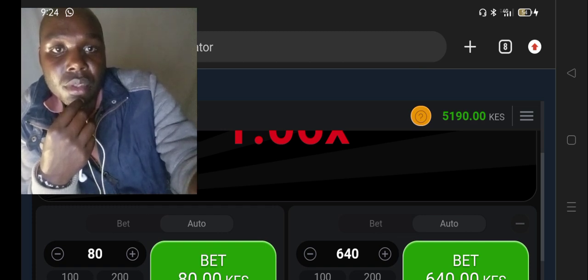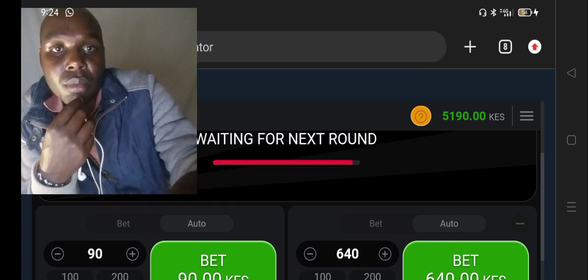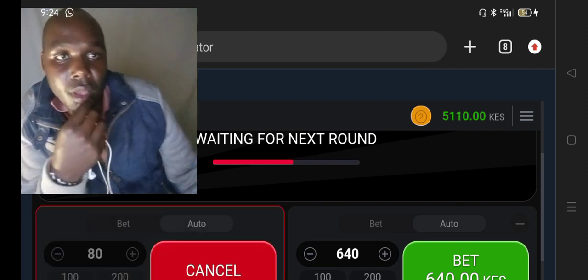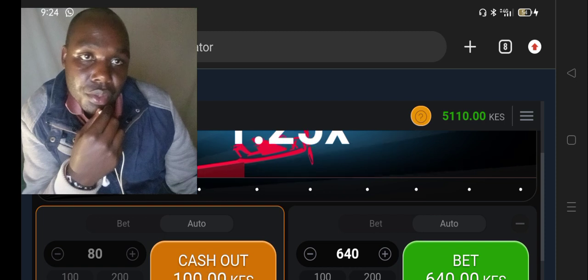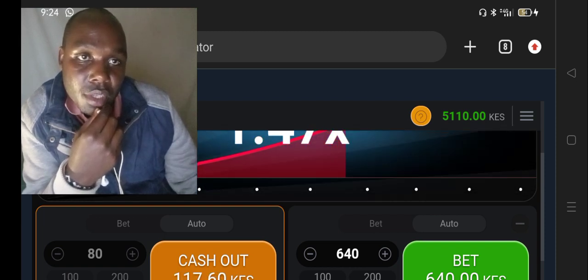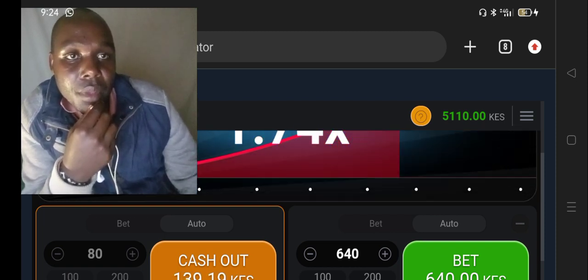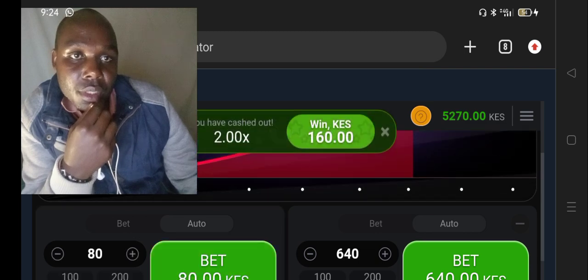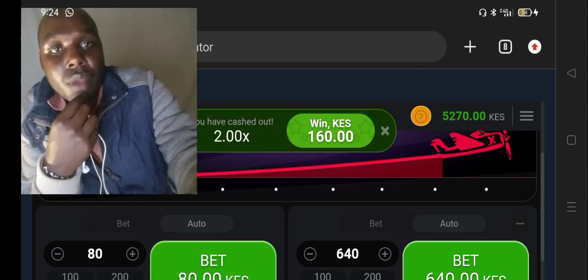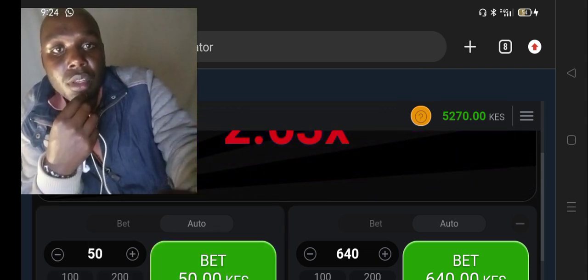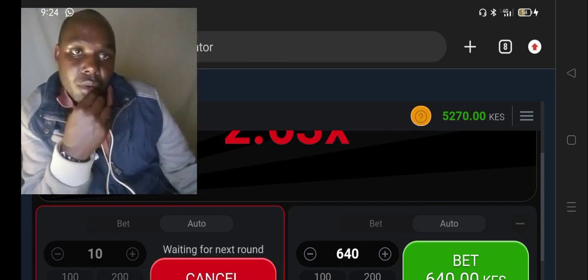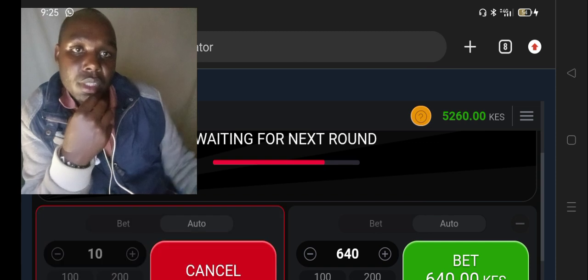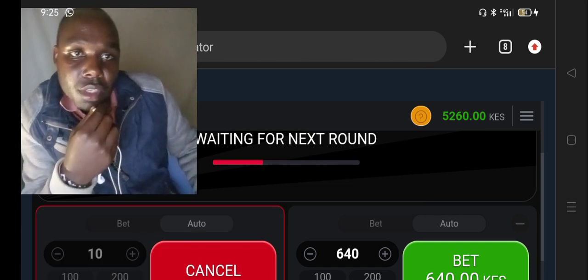I tried to use the portrait, but it's not clear, so I've decided to use the landscape, so that it can be clear to everyone. But when you are betting, normally you are going to use the portrait, and it will fit you more, because it will be showing you some more details, and you will not be straining to bet.